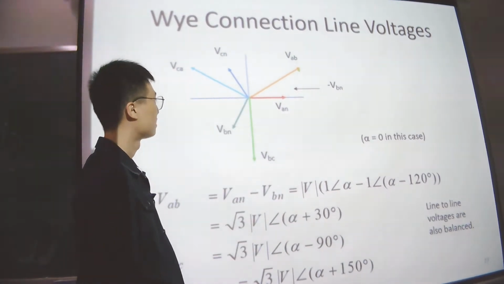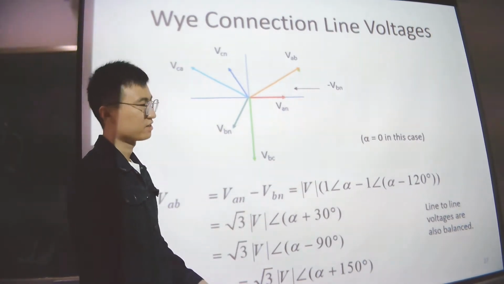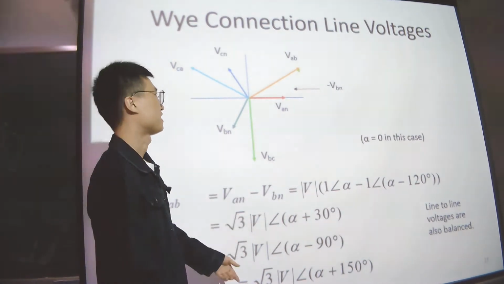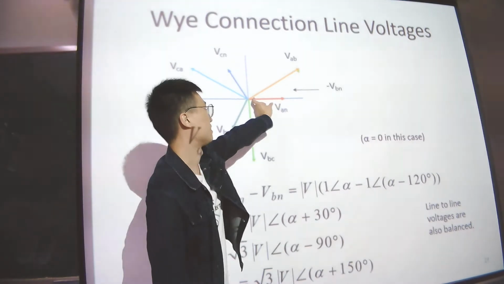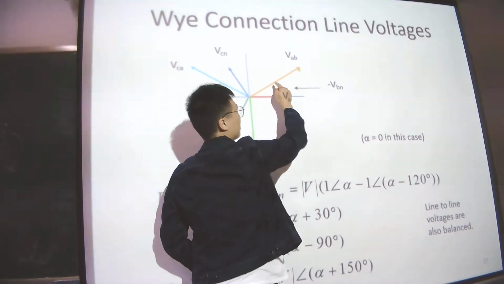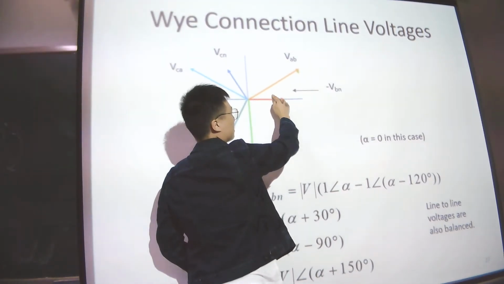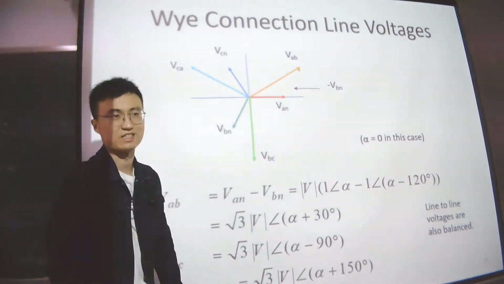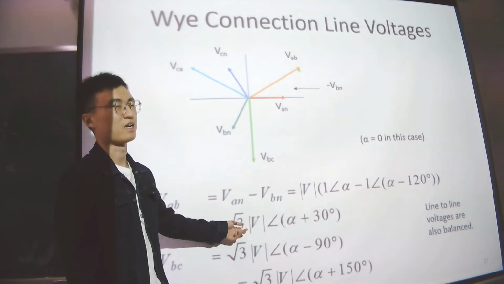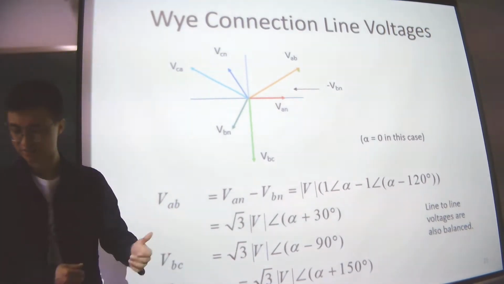If you have this voltage vector figure, you can calculate everything. The lengths of these are equal, so here is 30 degrees, 90 degrees, and this is 60 degrees. You can also use the geometry to see why the line voltage equals square root of 3 times the phase voltage.